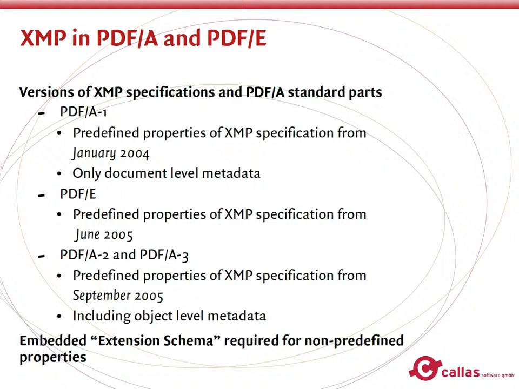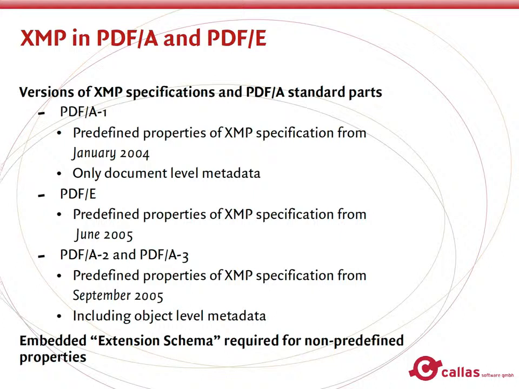So in the first line it's PDF/A-1, and PDF/A-1 was based on the XMP specification that was valid at the time when PDF/A-1 came out in 2005, and that was the specification as of January 2004. And it only had provisions for document-level metadata.